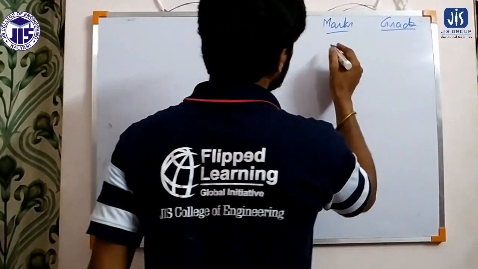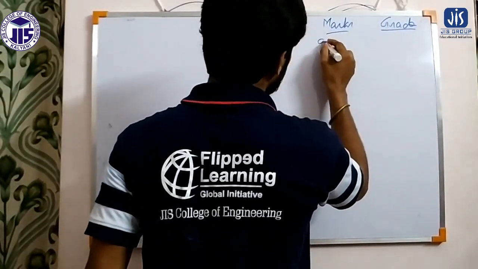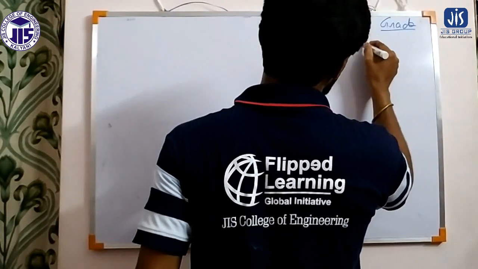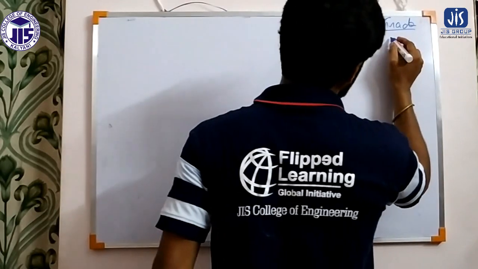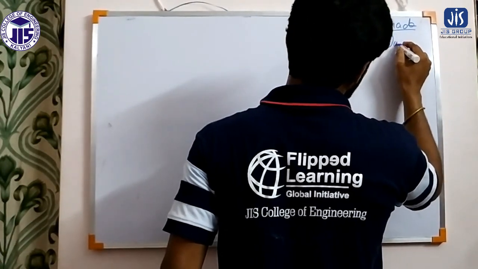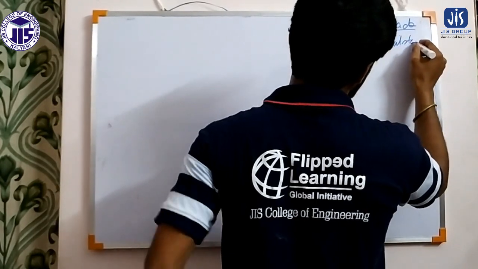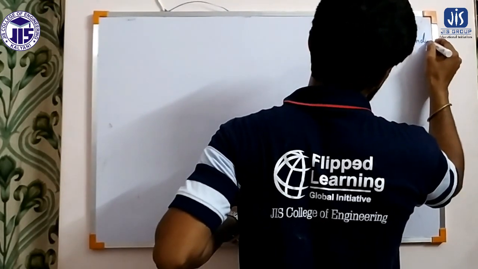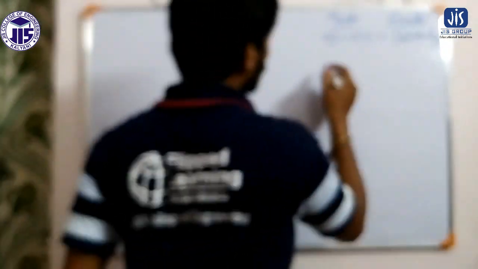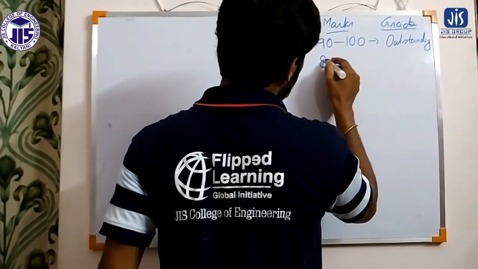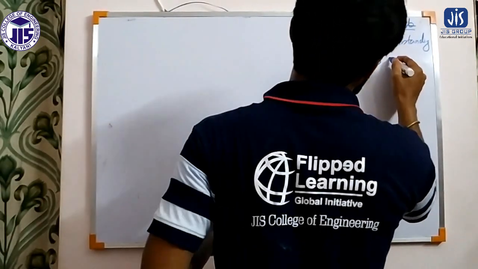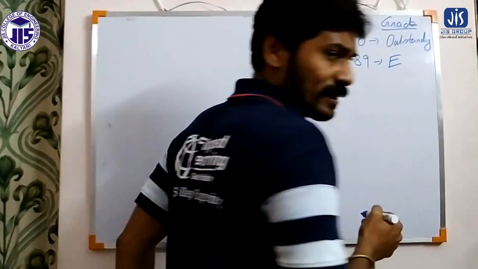If the marks of a student are between 90 to 100, it is outstanding. If the marks are 80 to 89, then it is excellent, so we are writing E for excellent.